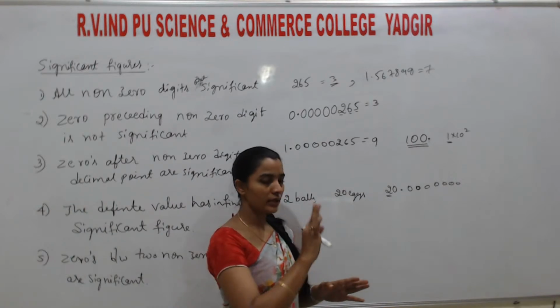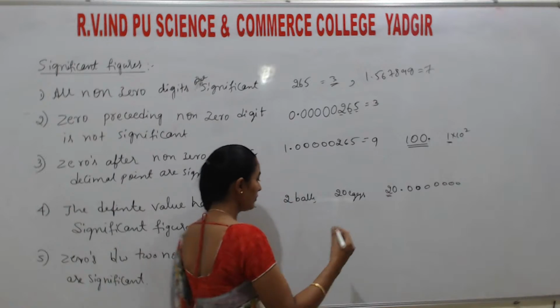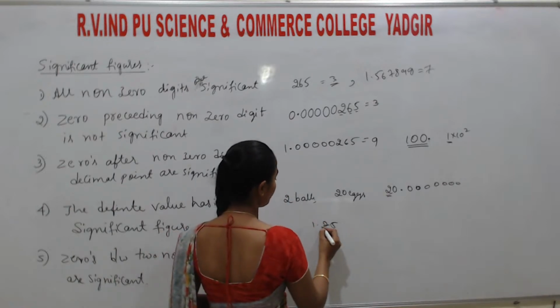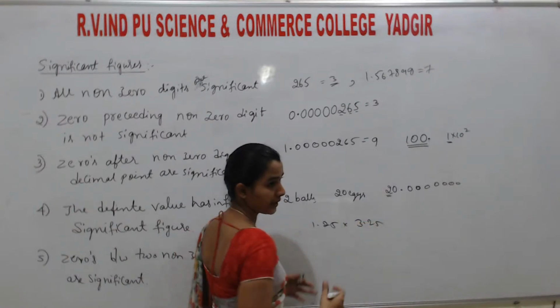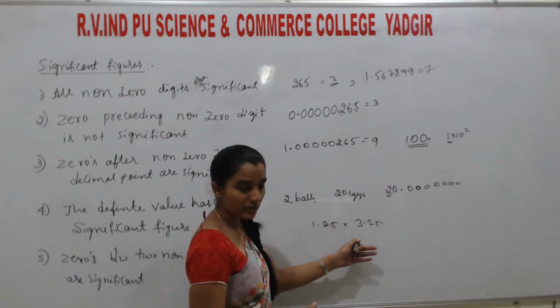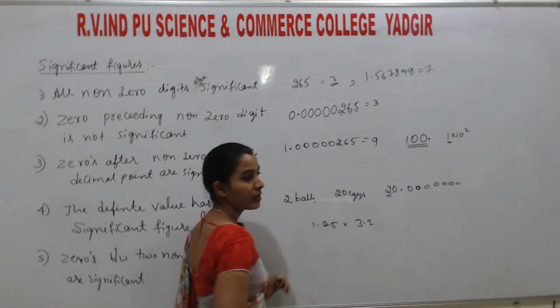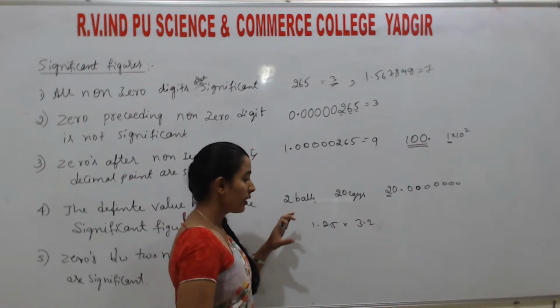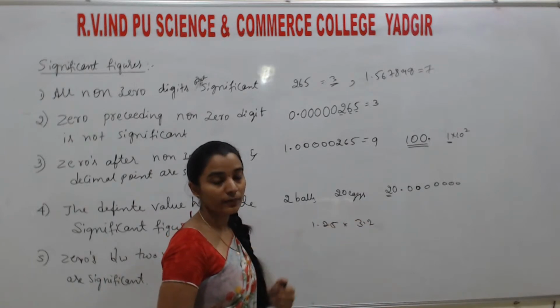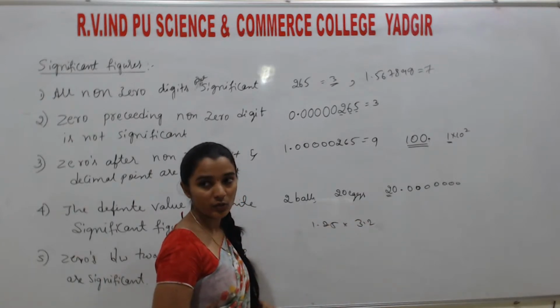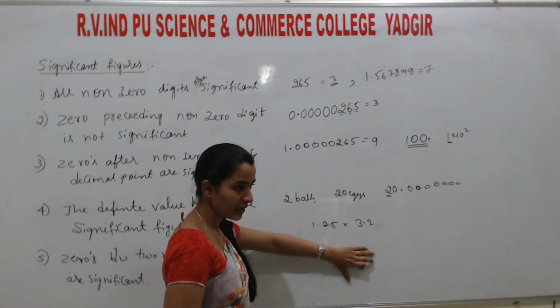Okay, among these they'll give the answer. Means they'll give 1.25 multiplied by some other value, 3.25 etc. Multiply this 3.2 etc. Write the value. So what is the answer and how many significant figures are present in the respective answer. If you multiply this, you get some answer.